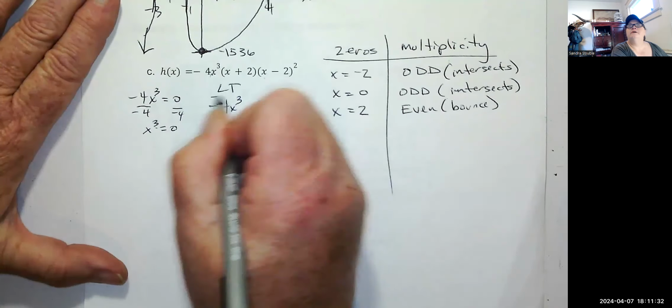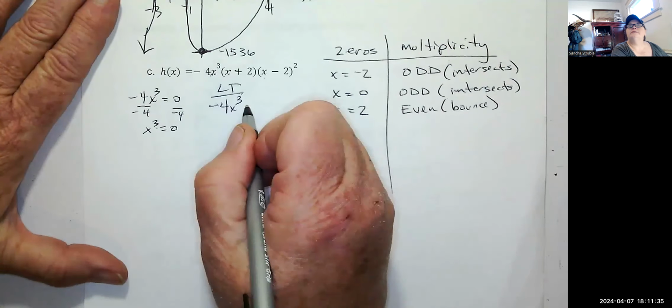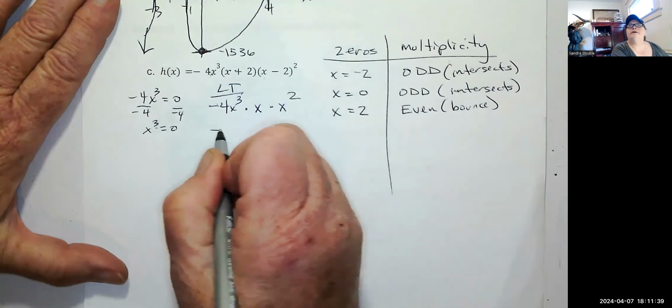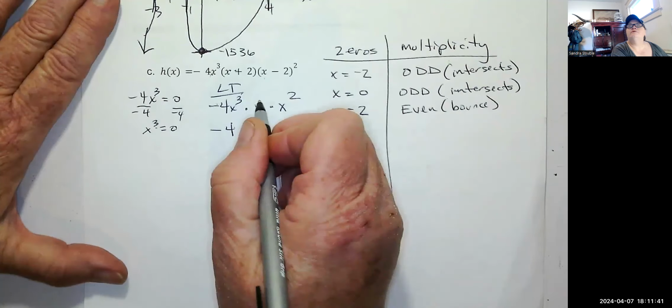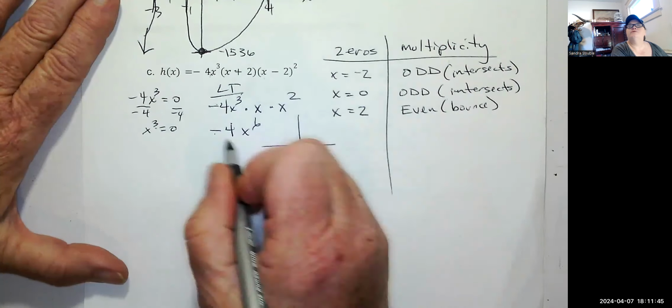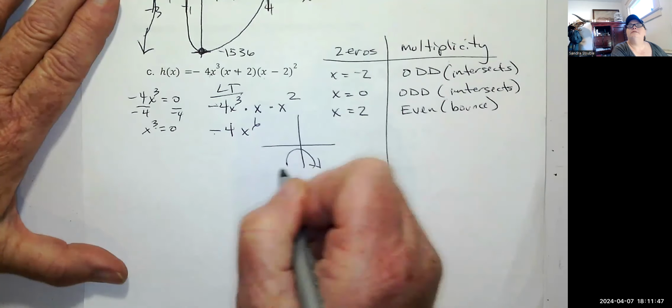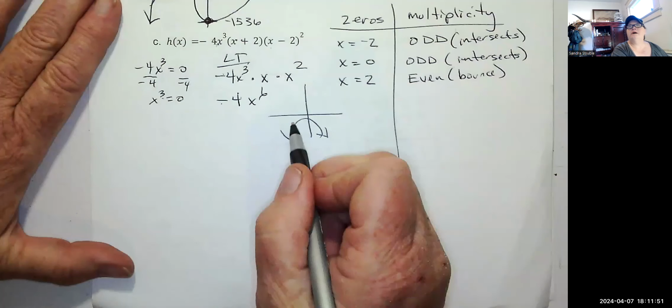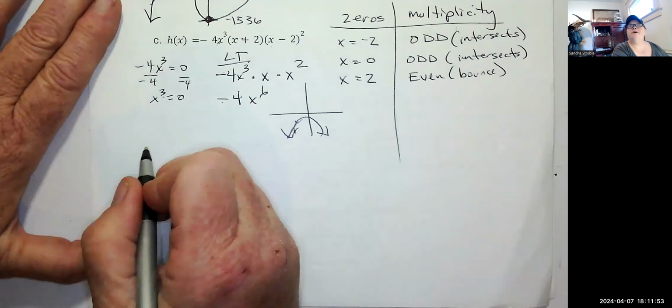This is the LT. We've got 1x times x, and then times x squared is -4x to the 3, 4, 5, 6. All right, so it's negative and even. So that's going to be like this for the end behavior. That should kind of help with that.